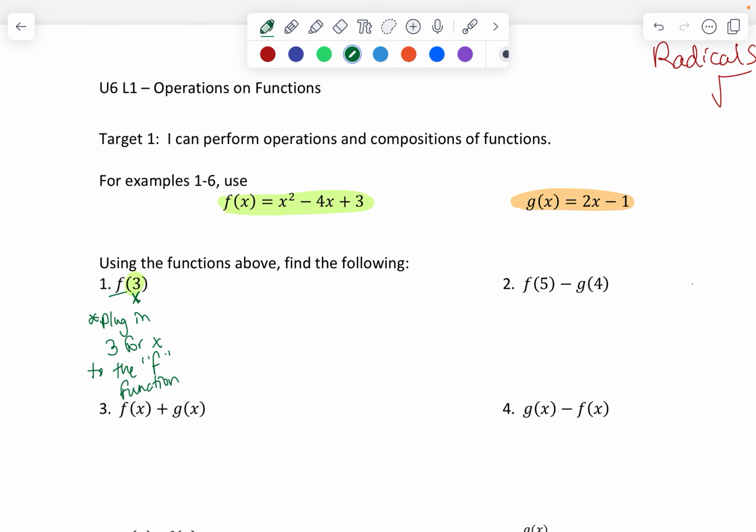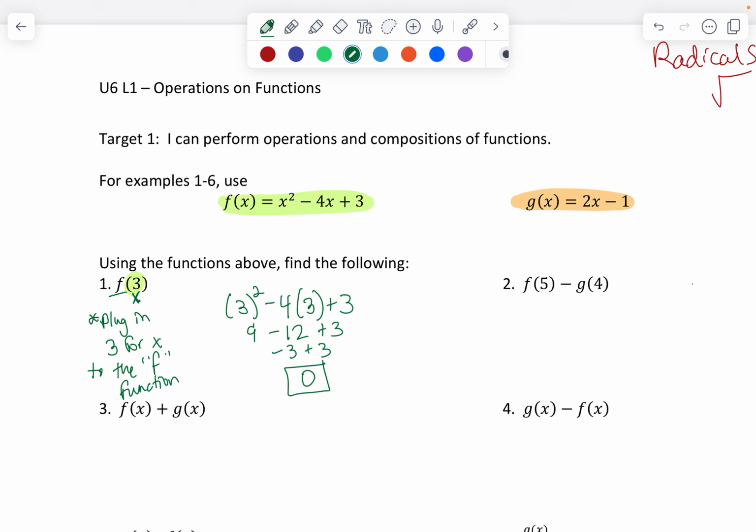Anywhere I see an x, I'm going to plug in a 3. You can do this in your calculator. 3 squared is 9, 4 times 3 is 12, and then negative 3 plus 3. This actually ends up being 0. We've done that before.